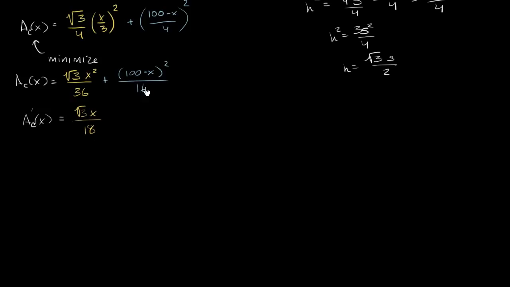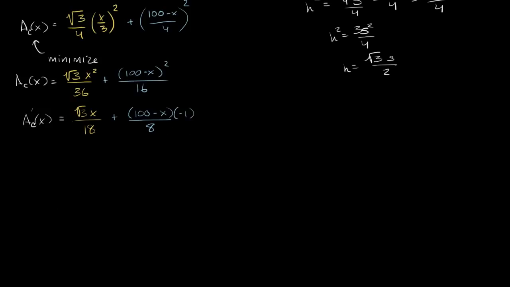The derivative of something squared over 16 is that something to the first power times 2 over 16, which is just over 8. And then we're just doing the chain rule, times the derivative of 100 minus x with respect to x, which is just -1. So we multiply by -1 right over here.